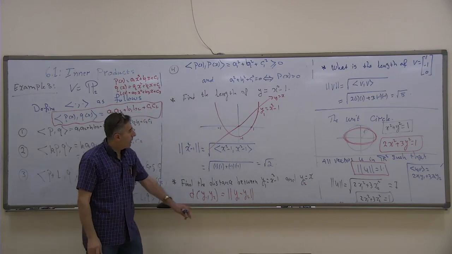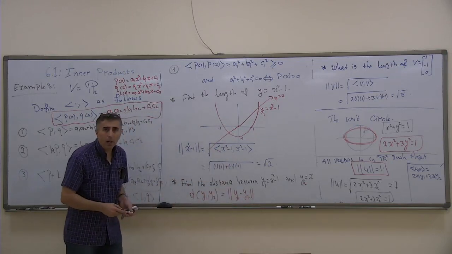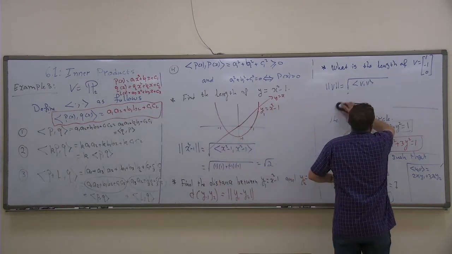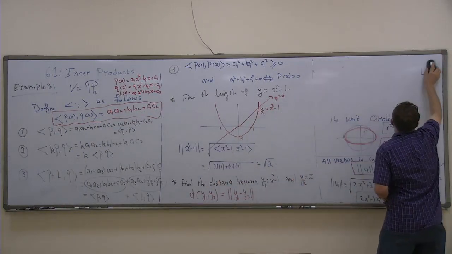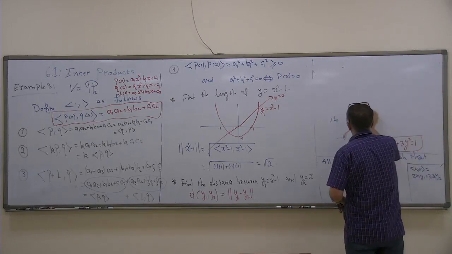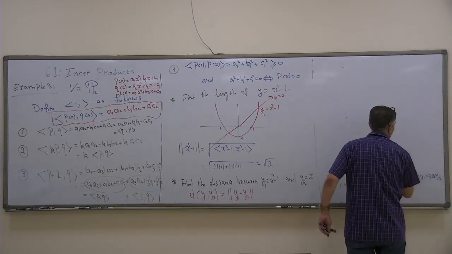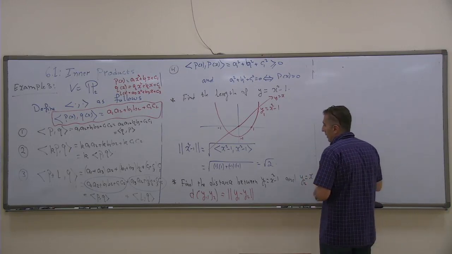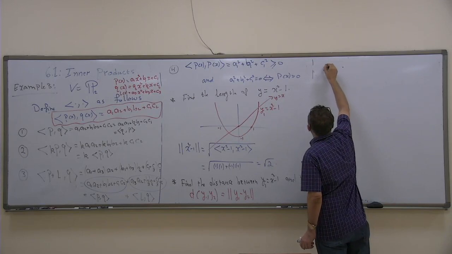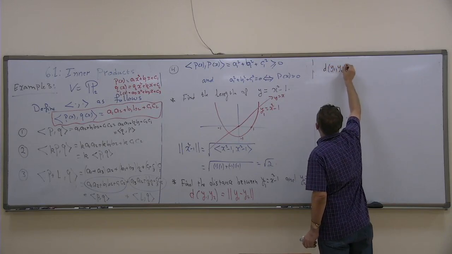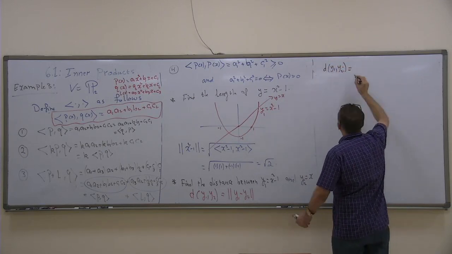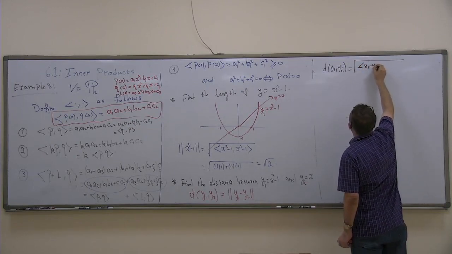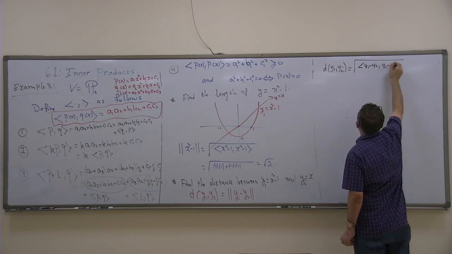Okay? And how do you do the length? You do it as we did it here. Okay? So that is going to be the distance between y1 and y2 equals the square root of what? y1 minus y2, and here y1 minus y2.